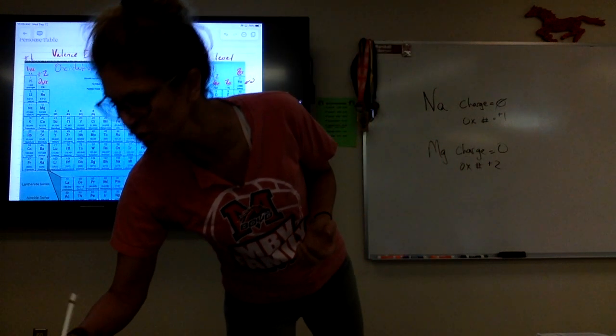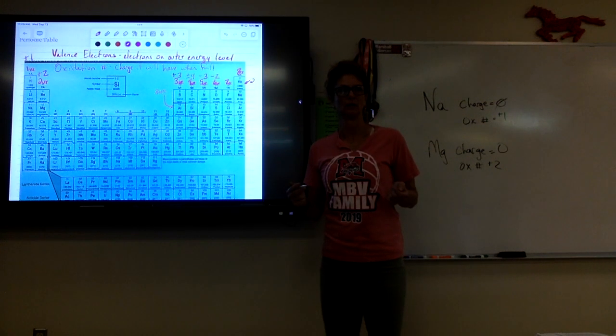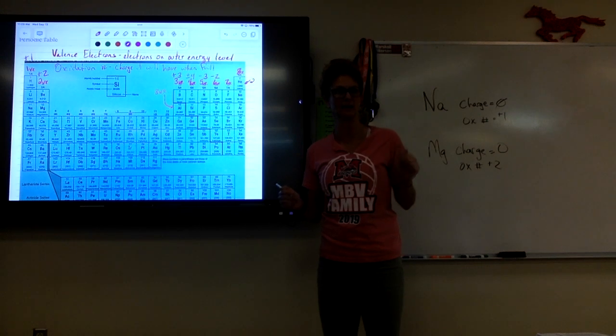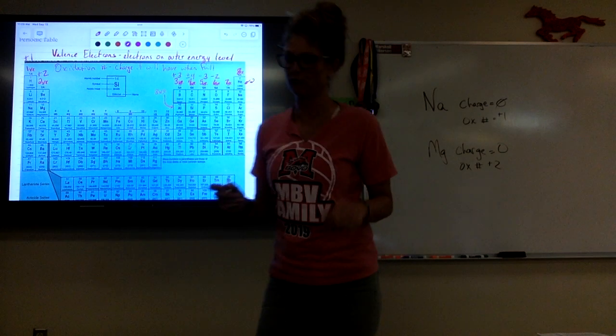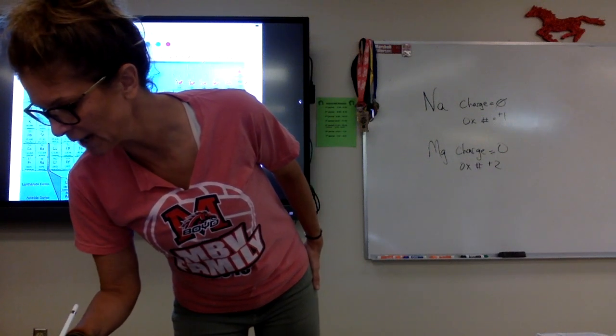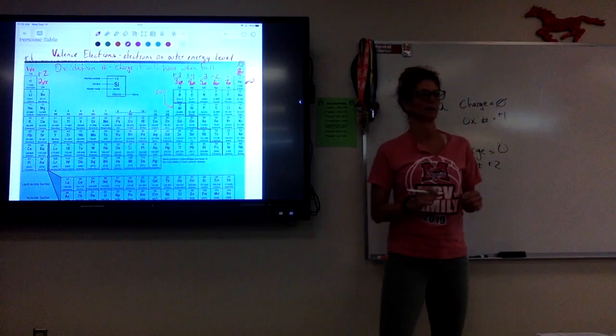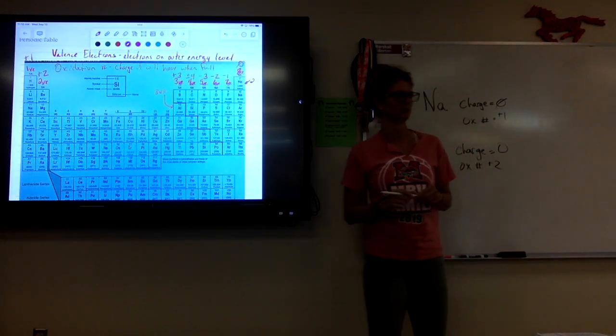When it gains 2, it ends up being negative. You okay with that? Gaining 2 electrons, gaining 2 negative charges makes it negative. All right. Fluorine just wants 1 more, and the noble gases don't want any. Their charge is 0. Their oxidation number is 0, always.